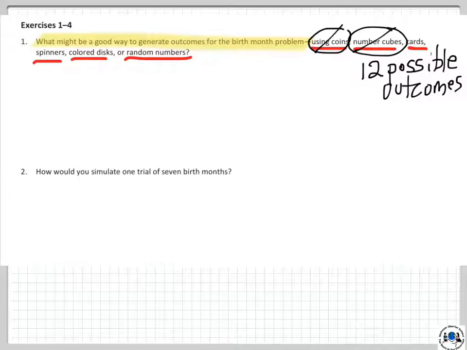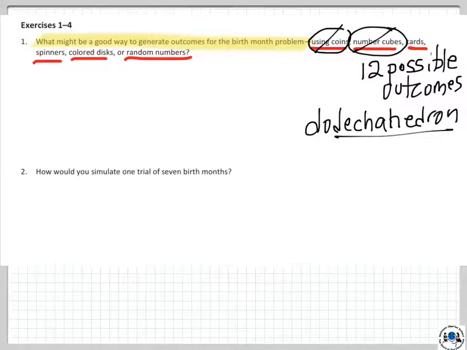Now there are different types of rolling devices, as you've seen before. But there is one called a dodecahedron. I know I spelled this wrong. But anyway, a dodecahedron is actually a 12-sided die.